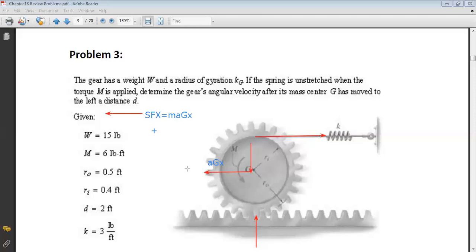So for G to move in the positive X direction, I should have the friction in this direction. And my equation will be plus F minus F spring equals m a_Gx.